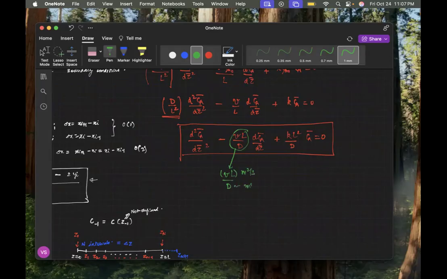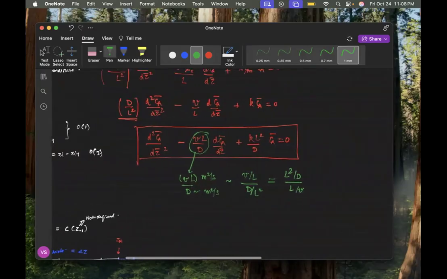This over here is also meter squared per second. And if we, let's say, divide by length squared, this can be written as V over L over D over L squared. And if we take a reciprocal of this, this is just similar to writing L squared by D over L by V, right? These two are the same thing.